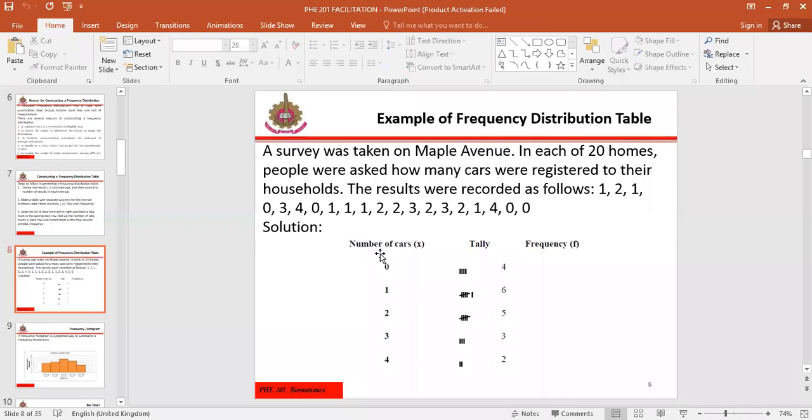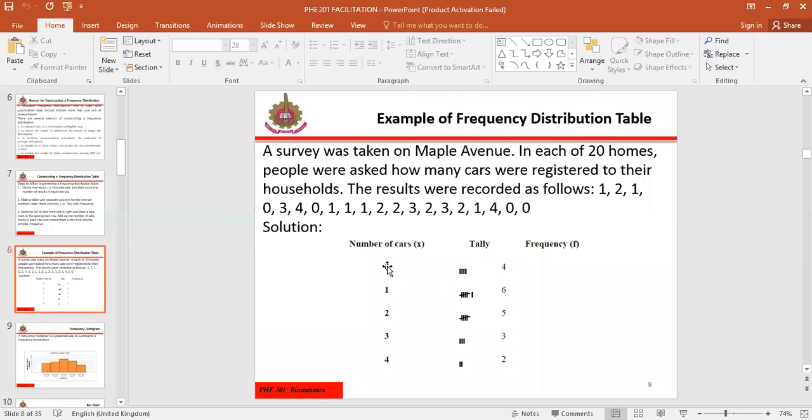The columns that I was talking about are what we have here. You can see that we have number of cars, because we are talking about cars in the question. Then we have the tally, which is just strokes that you take. Once it gets to 4, the last one to make it 5 will be a cross or a slash over the other 4.